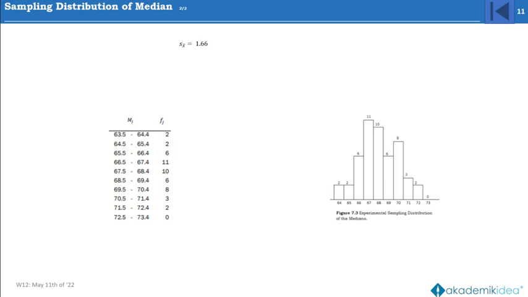It can easily be shown that the standard deviation of the 50 medians is 1.91. This agrees with what we said earlier, where we pointed out that the mean is more reliable than the median, or in other words, that sample means do not fluctuate as much from sample to sample as the corresponding medians.